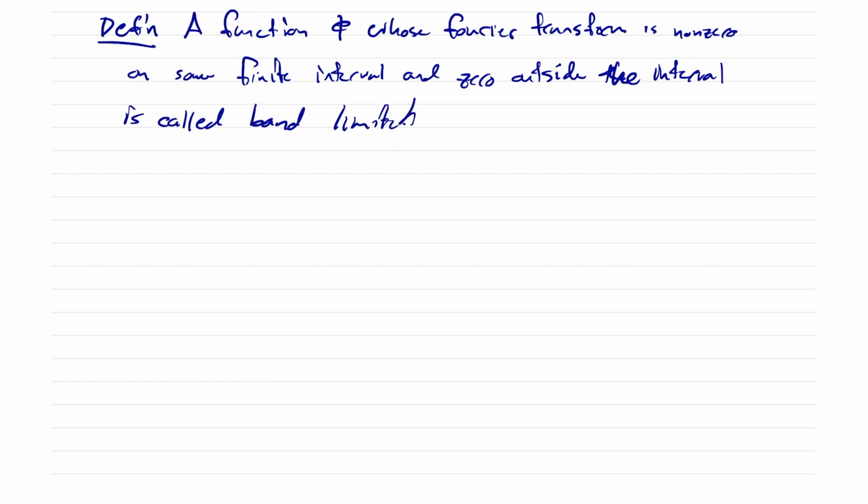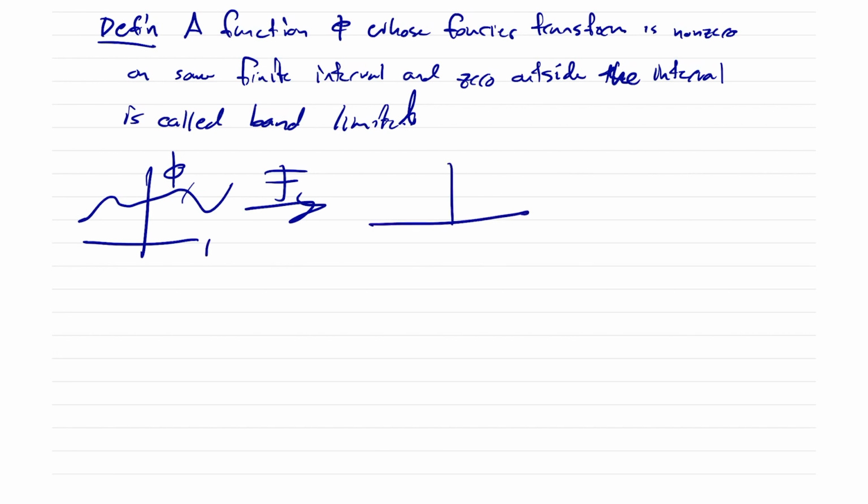So basically, if you have some function phi and you take its Fourier transform, this is the time domain, this is the frequency domain, and it does something like this but is zero outside, this is called band limited.